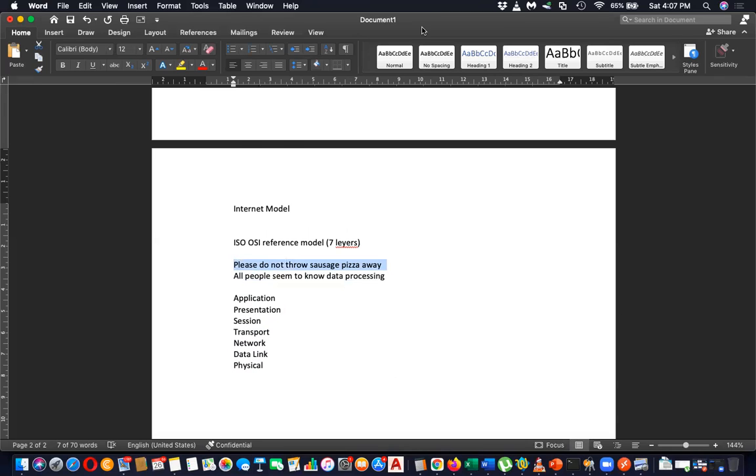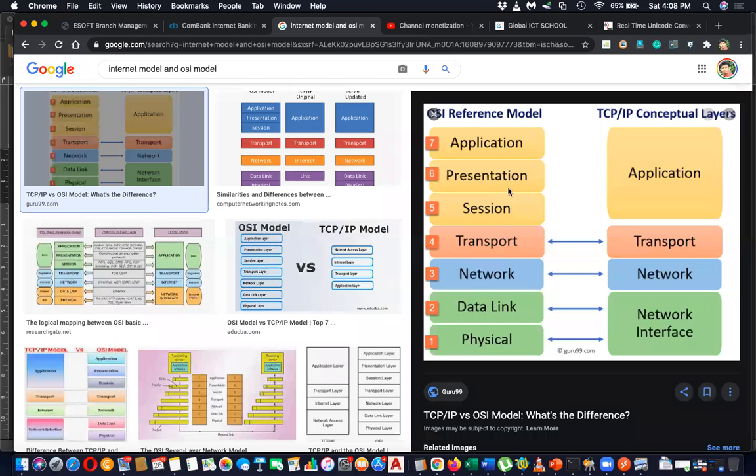Okay. Here you can see how it is mapped to the TCP/IP conceptual layers, or the internet model. This is called the TCP/IP model or internet model. All of layers 5, 6, 7 are mapped to the application layer. Layer 4 is mapped to the transport layer. Layer 3 is the network layer, and then data link and physical layer.